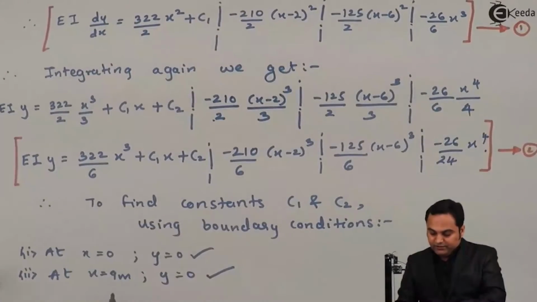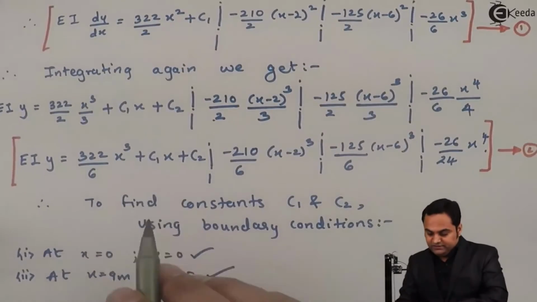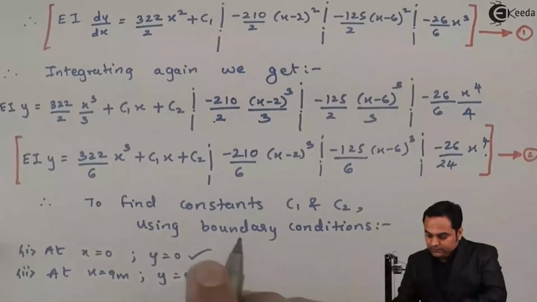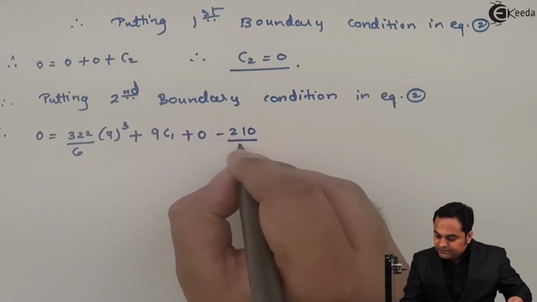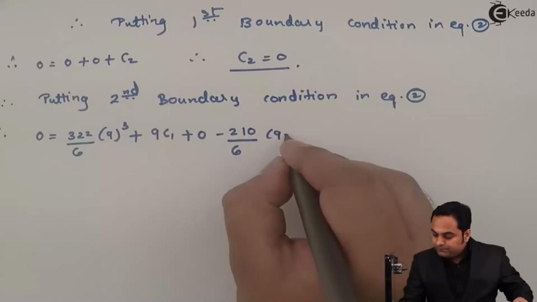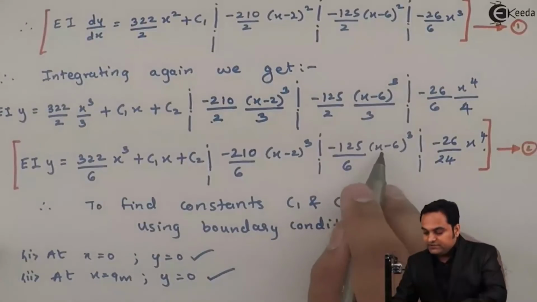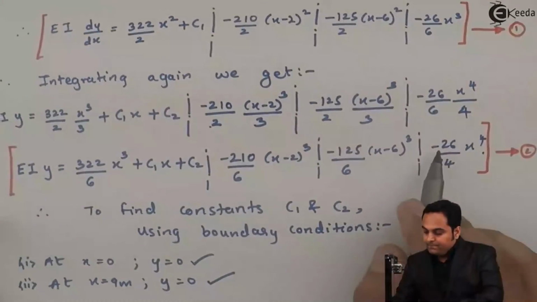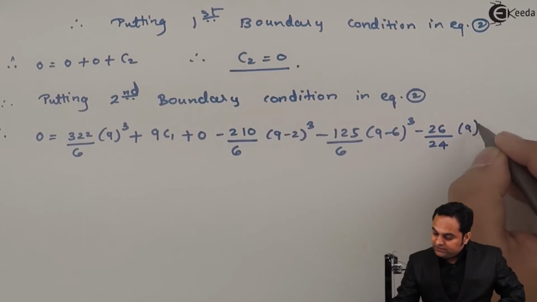In place of x I'll write down 9, so 9 cube, then plus c1 into x, that is plus 9c1 because x is 9. Next c2 is 0, then minus 210 by 6 into bracket x minus 2, that is 9 minus 2 whole cube, then minus 125 by 6, x minus 6, that is 9 minus 6 cube, minus 26 by 24, x, that is 9 raised to 4.